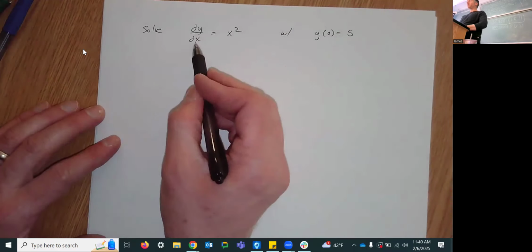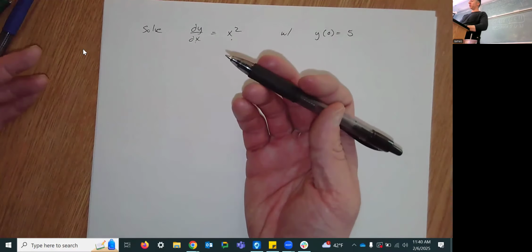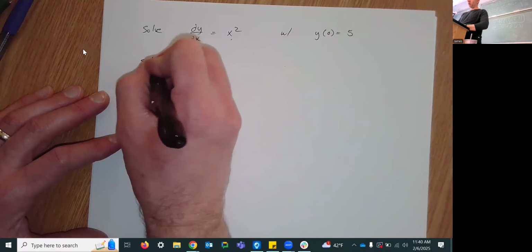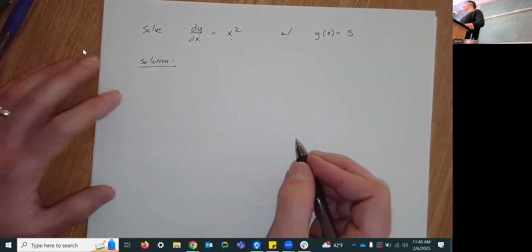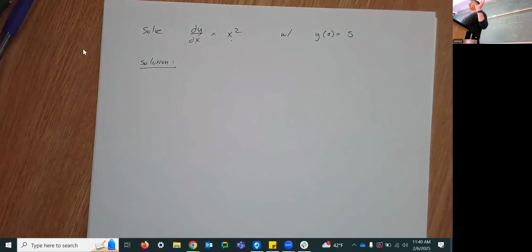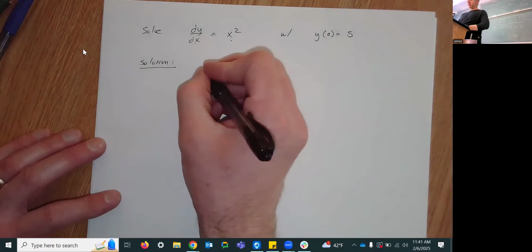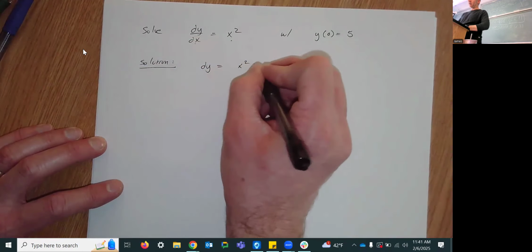If the derivative is equal to x squared, you can find the function by integrating. So the solution here is to first separate the variables. When you're separating variables, it means you want all of the y's on one side, all of the x's on the other side. So I'm going to have dy on the left, x squared times dx on the right.